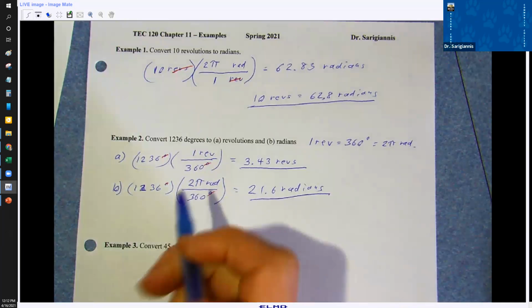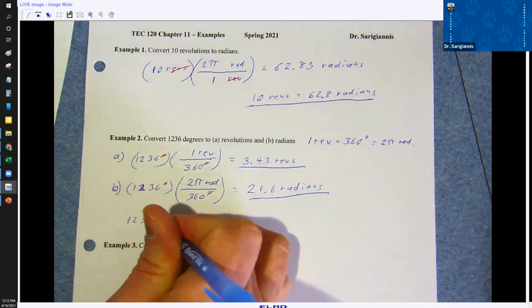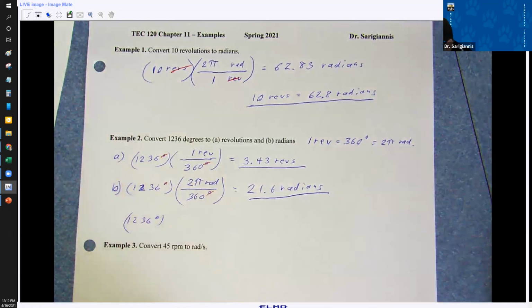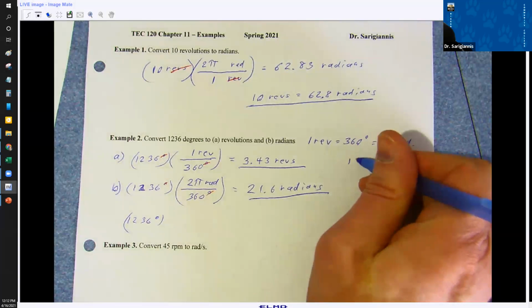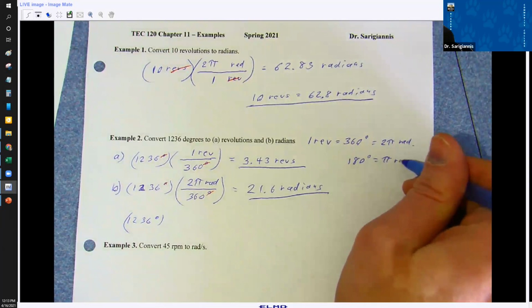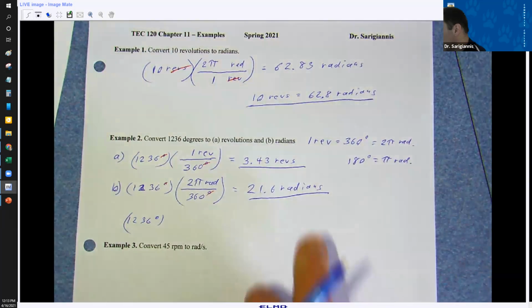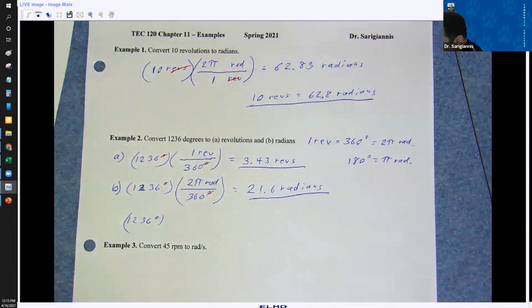The other thing sometimes people do, and just to show it: 360 degrees is 2 pi radians, but also 180 degrees is pi radians. Particularly if you're not working with revolutions, a lot of people like to use this because they eliminate the 2 factor.